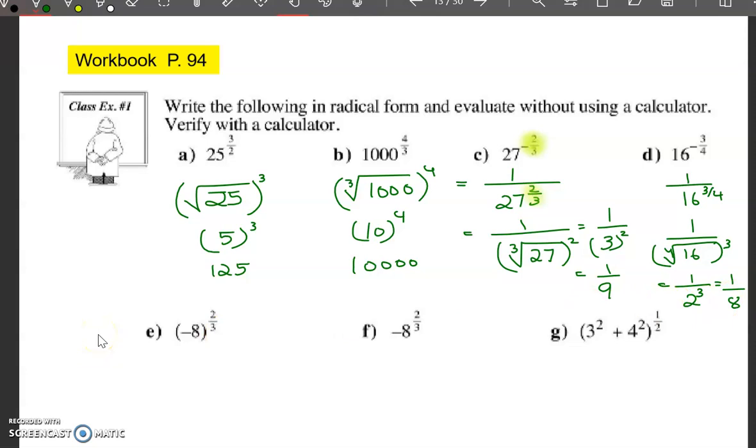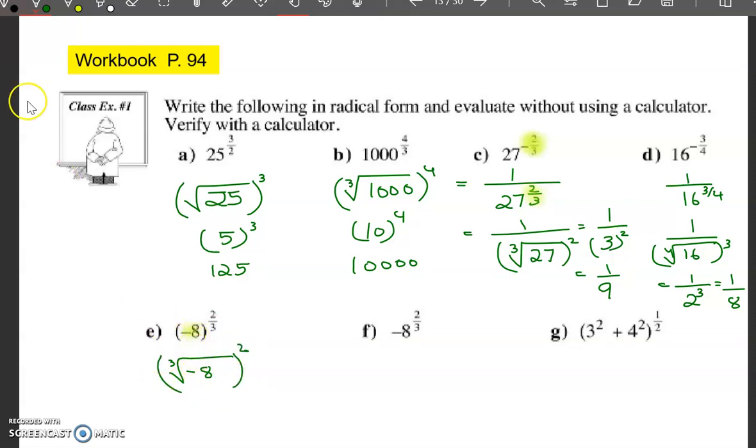Now here, as we've spoken about in our previous lessons, if the base is negative, we can't do anything to change that. The base will stay as it is. So we don't move this to make this positive. The difference here is that our base is already negative. So it will stay negative, and we will simply do the cube root, because it's a 3 here, and then square it in the end.